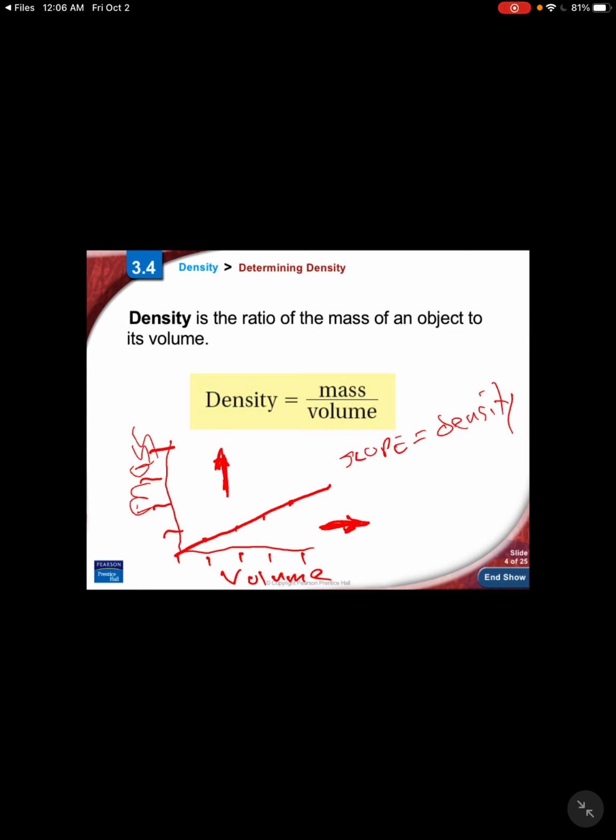And then we take those values and put them into our TI-84s to determine the slope of the resulting line, and that gives us the density. But you don't need to do multiple measurements. For any one measurement of an object, determining its mass and dividing that mass by its volume, you get density.